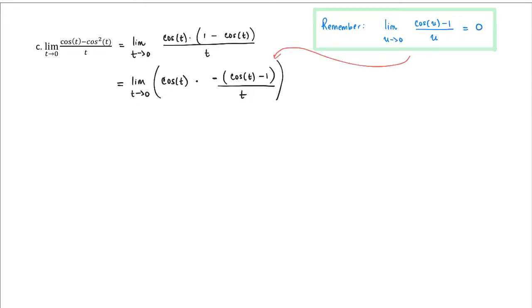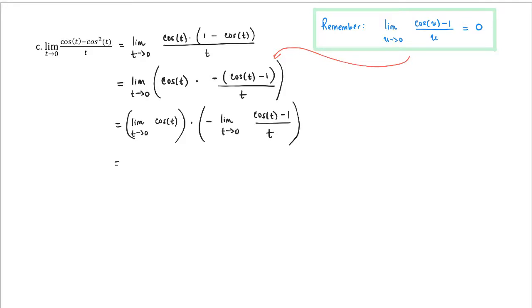So by properties of limits studied in section 2.3, I can apply the limit to each expression. So this will be the limit as t approaches 0 of the cosine of t, that's the first limit, times, I'm going to put the minus in front of the limit, the limit as t approaches 0 of cosine of t minus 1 divided by t.